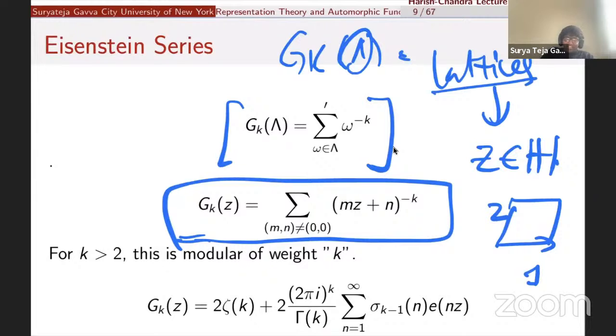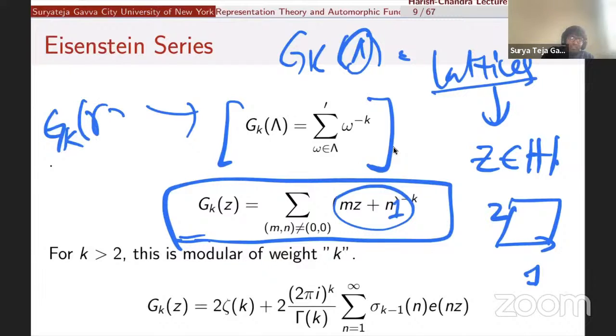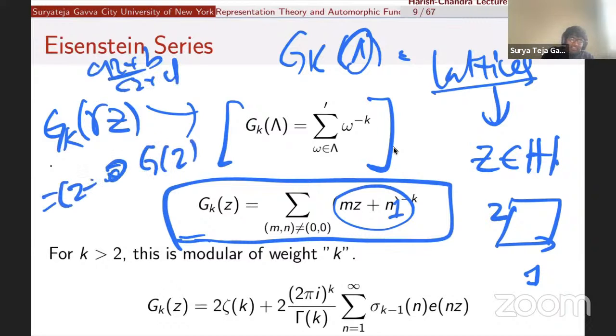With that identification, this function becomes a sum over mZ plus n, which are all the lattice elements. You can check that this function has this property: G_k of gamma Z, under the action gamma Z equals (aZ plus b) over (cZ plus d), is not just G_k of Z, but has the extra factor (cZ plus d) to the k.